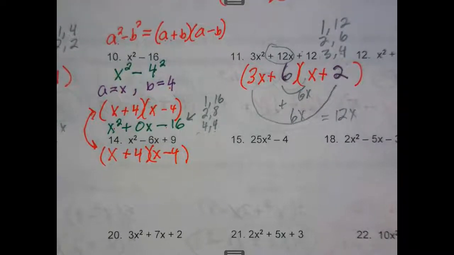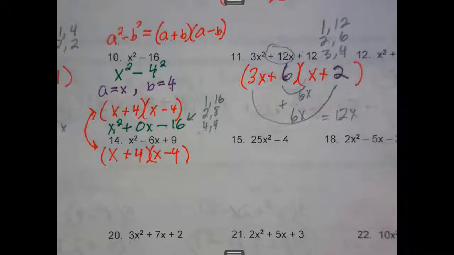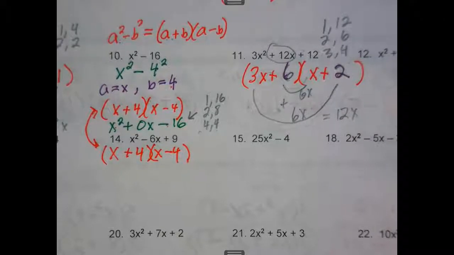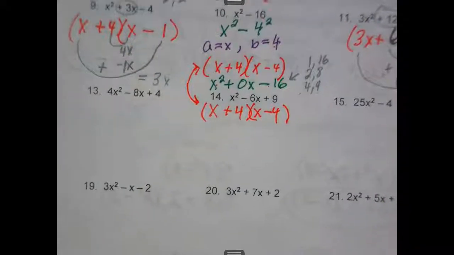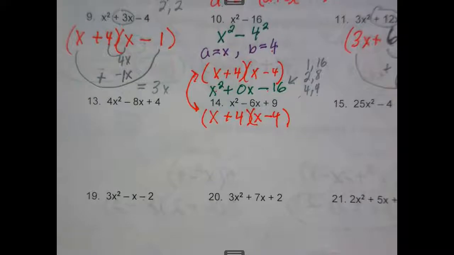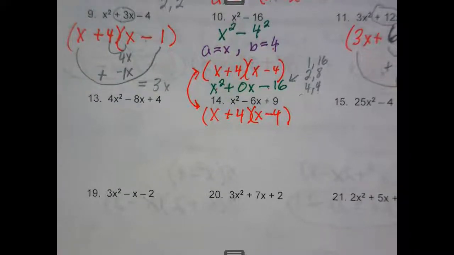How about 13? What should I do here first? I have 4x squared minus 8x plus 4. Should I go ahead and start the whole process?